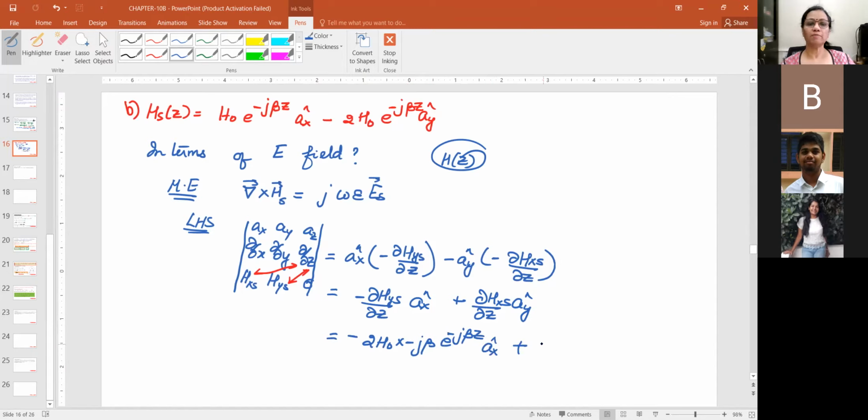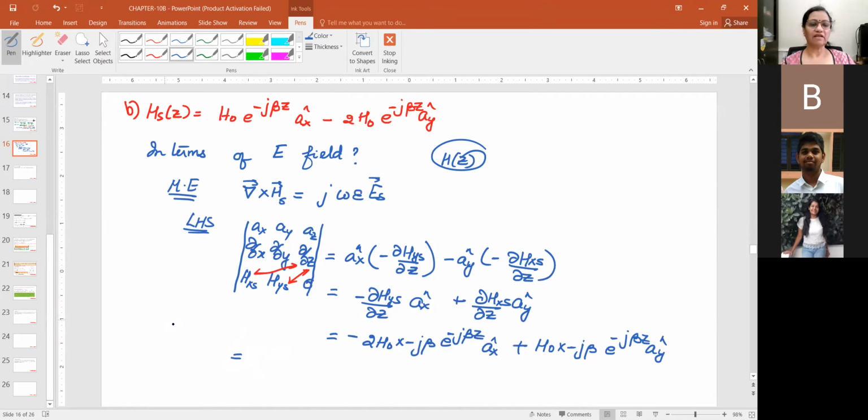The next one is going to be H naught into minus j beta, and then you get e to the power of minus j beta z along the ay cap direction. Okay, or let us just simplify it and write it. So this is going to be the left hand side. Let's leave it as it is.